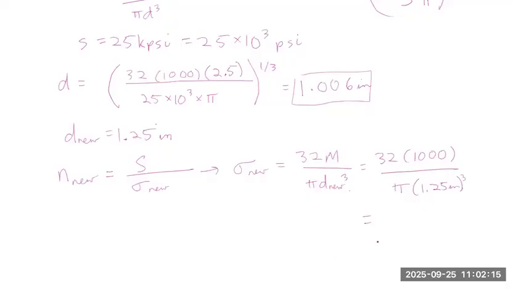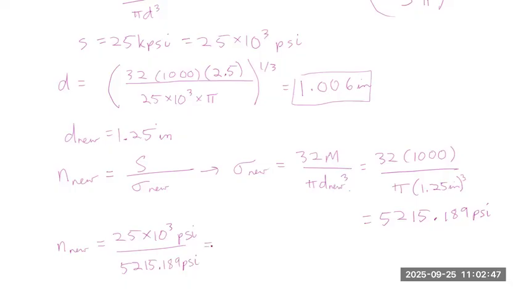First we have to calculate a new sigma, which is equal to 5215.189 psi, pounds per square inch, and thus n new will be equal to 25 times 10 to the 3 psi over 5215.189 psi.